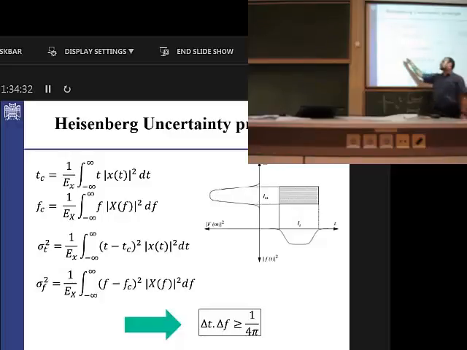What do I mean by the mean and the variance of the frequencies? So we have the resolution. Resolution means how much we are certain about the time and how much we are certain about the frequency. We have a mean for this because it's random, it's a kind of probabilistic problem.